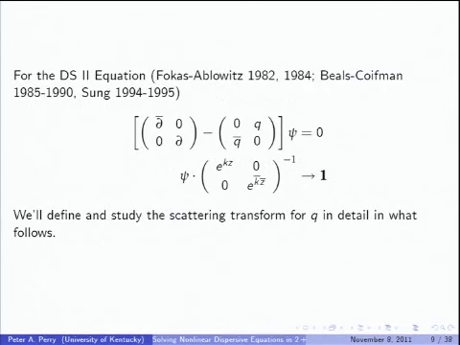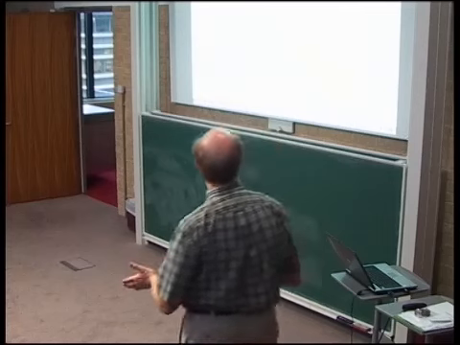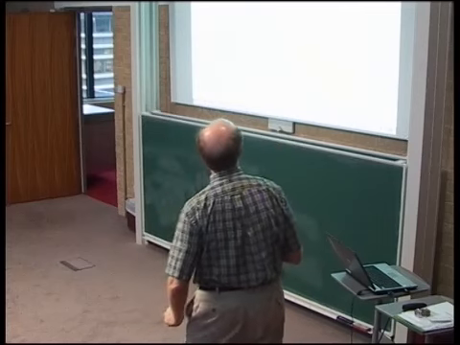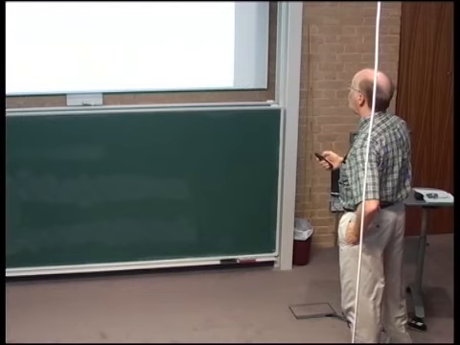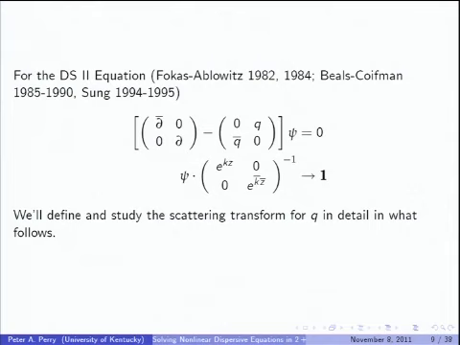So what do these linear problems, the L in the Manakov triple, look like? And again, I emphasize there are contributions of a number of people to this, and I'll say a few words about the history in a moment. What the spectral problem looks like for Davey-Stewartson 2 is a problem for a 2x2 matrix-valued function of the 2 space variables, which depends parametrically on a complex variable k.